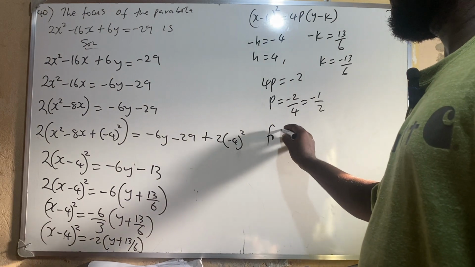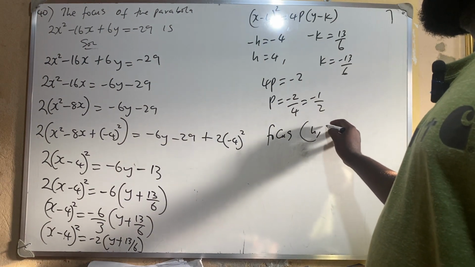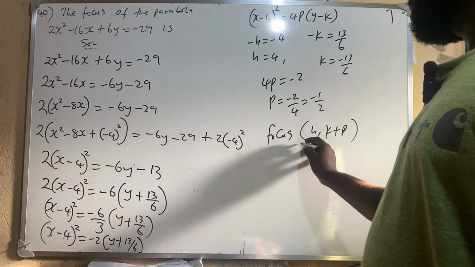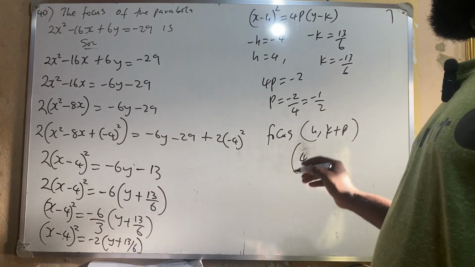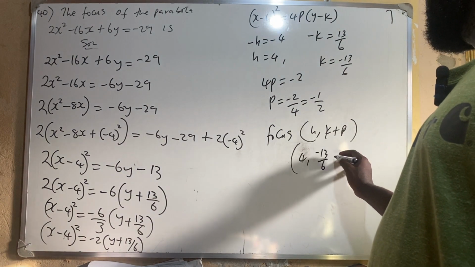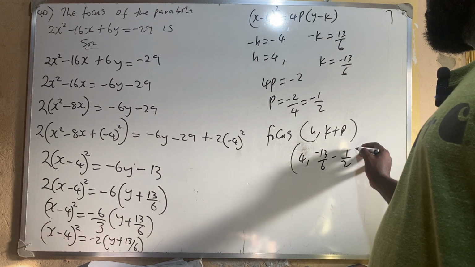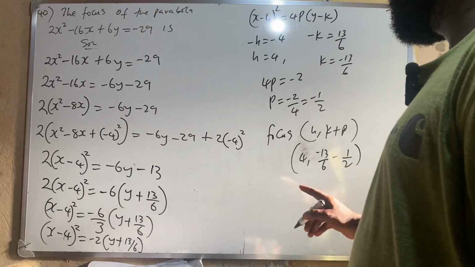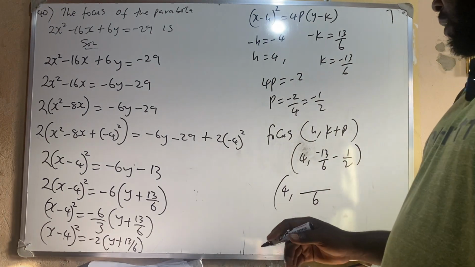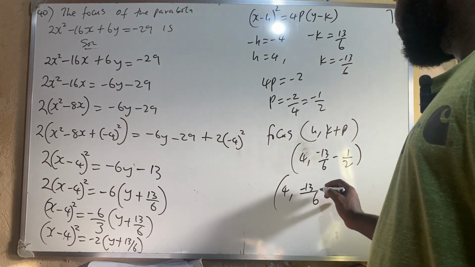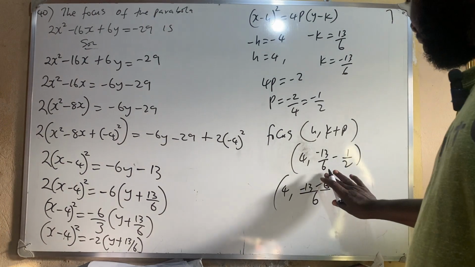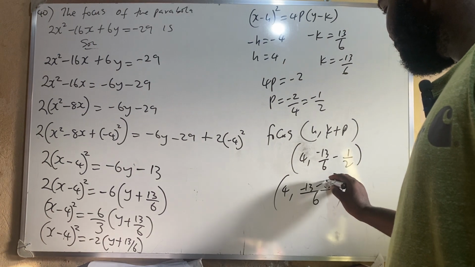So my focus is what? H in bracket of K plus P. So what do I have now? My H is 4, comma, my K is minus 13 over 6 minus 1 over 2. So the LCM there is 6. 4 in bracket of the LCM is 6. So I have minus 13 minus 3, this divided by this is 3, minus 3.